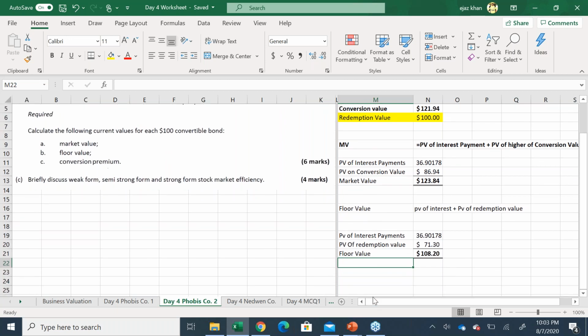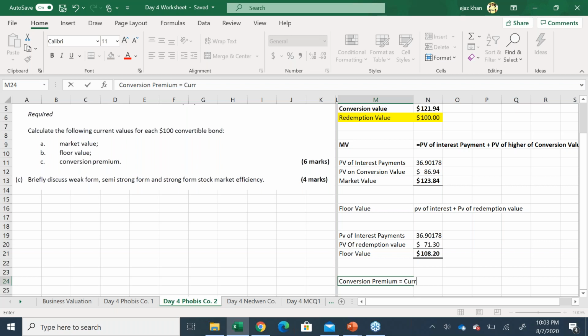Then comes the conversion premium. Conversion premium is basically equal to current market value of debenture or loan note, whatever the instrument is, minus current conversion value.